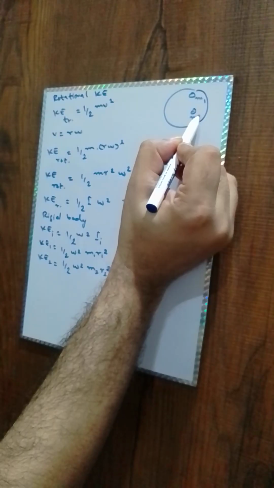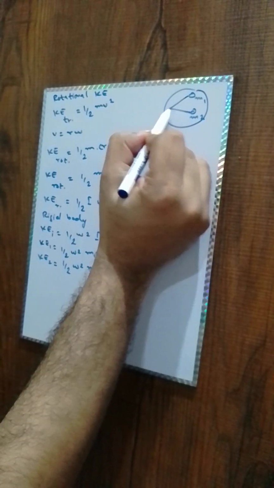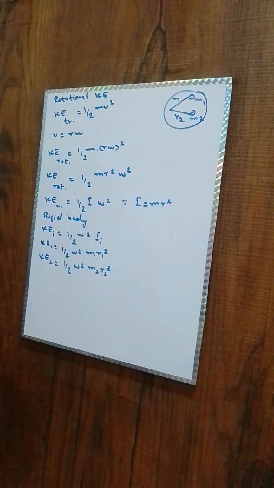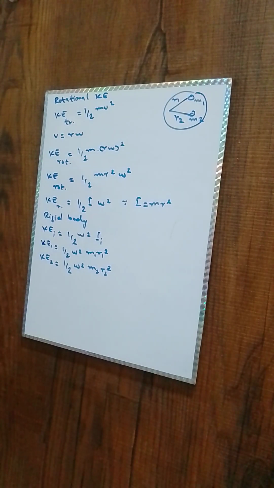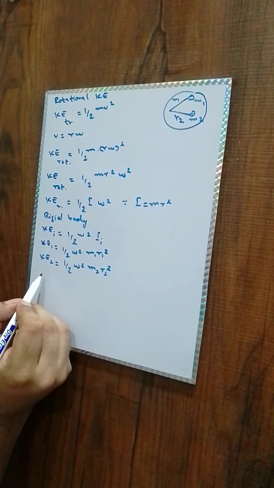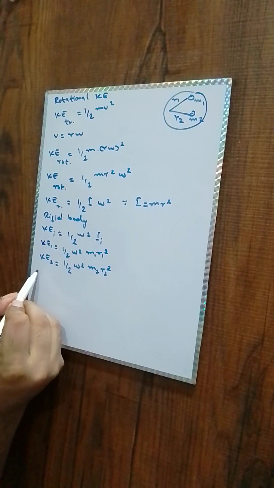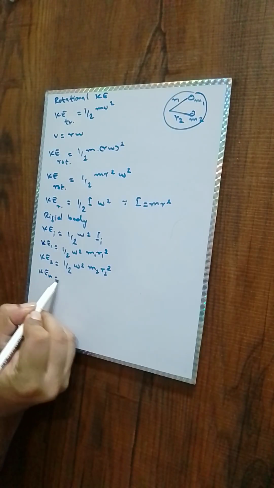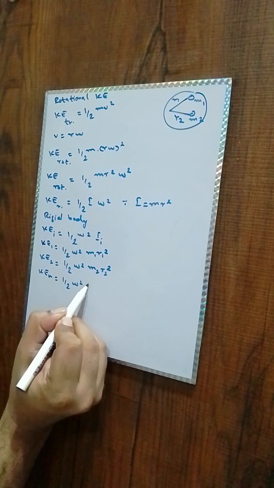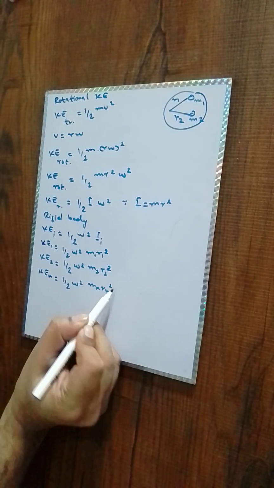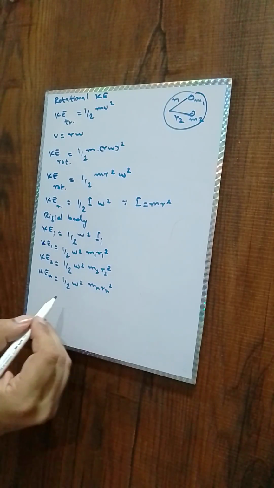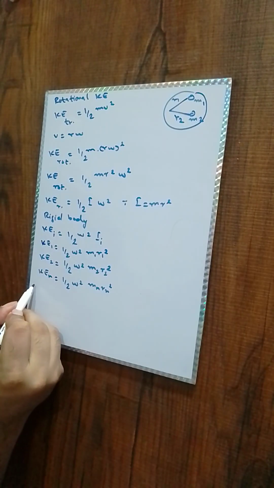The form is like this: m1 and m2, the differential masses with their differential radii in a rotation. So the kinetic energy for the nth differential is 1 by 2 omega square mn rn square.